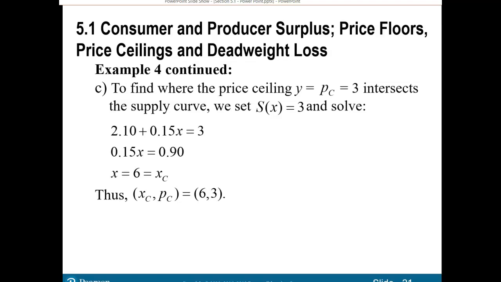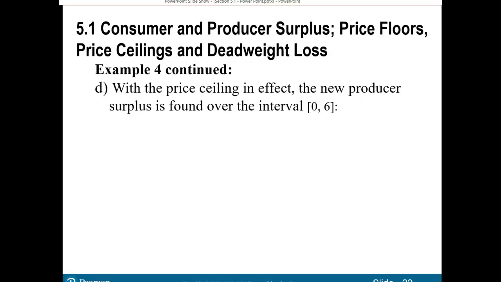So now remember that then they said find the new consumer surplus and producer surplus. So using that ordered pair this time. All right, so we're finding it over the interval 0 to 6, right? Because that was our x value.